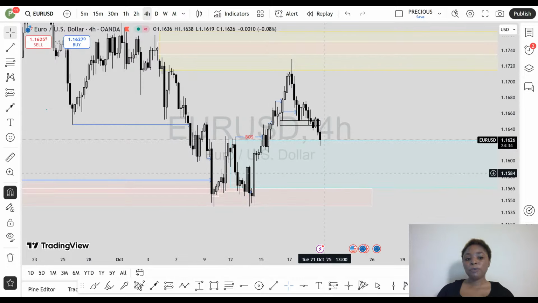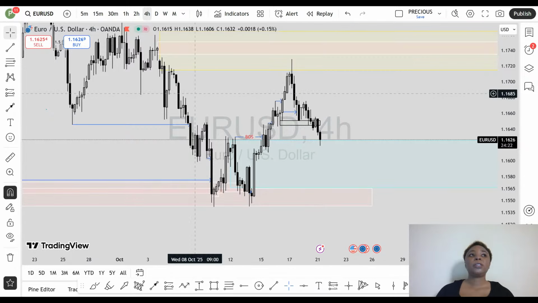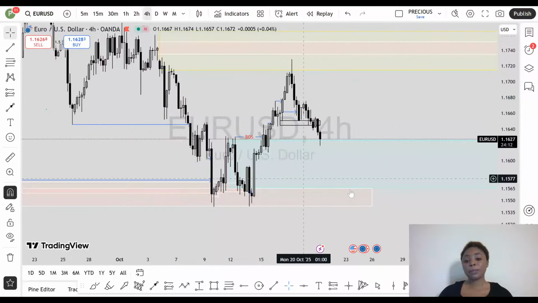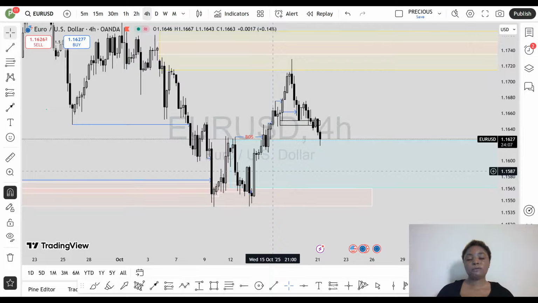But before then, I want to see a confirmation. I want to see a change of character on 15 minutes before I will buy. On 15 minutes, I want to see a break of structure to the upside, from this demand level here on the higher time frame, before I can buy from this zone. Do you guys understand? That is the confirmation entry I do talk about.